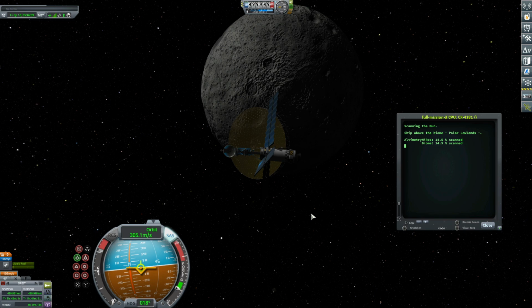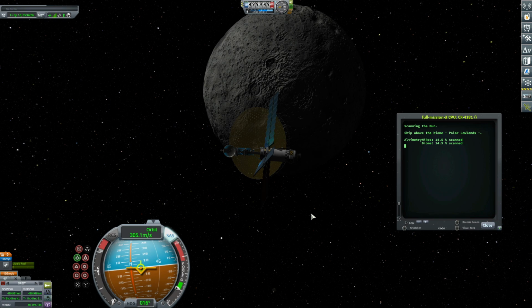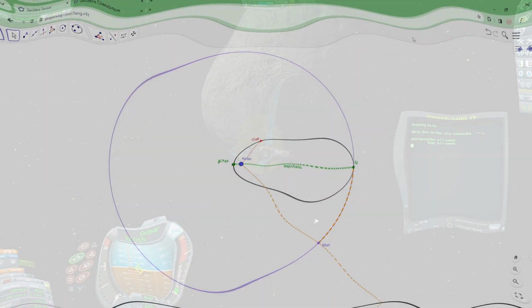You just need to learn how it works in KSP and with the orbits, and more importantly I'm talking about angles, and you have to understand which angles I'm talking about. So for that I prepared a little graphic to show you all of this.